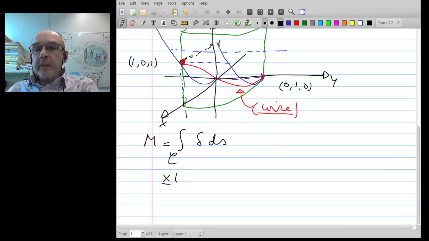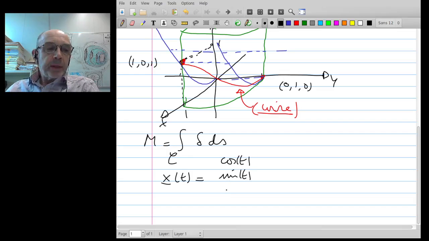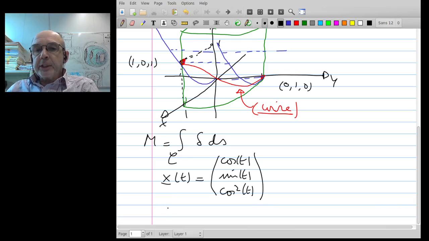We can take for x, that is the point on the wire, x equals cosine of t, y equals sine of t, and then z is equal to x squared, so that becomes cosine squared of t. So this is your parameterization. And your t you can take, for instance, between 0 and pi divided by 2, and then you have exactly that curve which you have there. So here you have the parameterization.